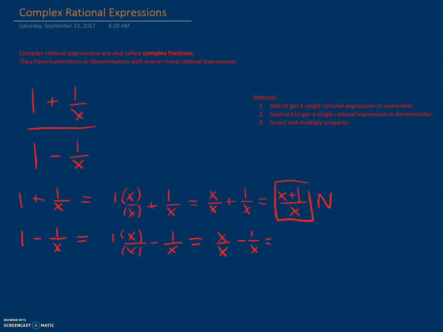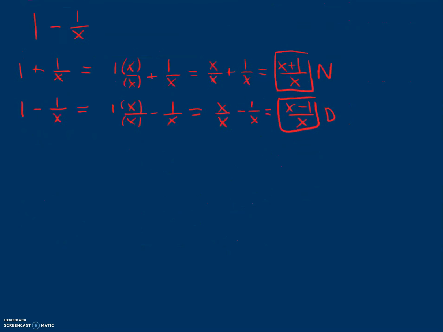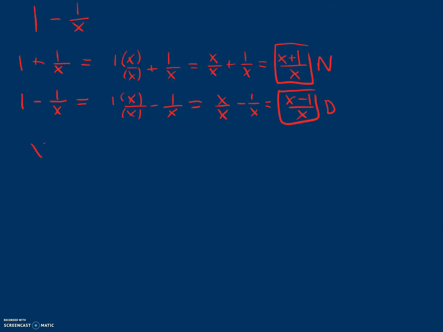Probably don't need to write all that, but I want you to make sure you see where it's all coming from. And we're just going to say that's the denominator. So now we have x plus 1 over x as our numerator, and x minus 1 over x as our denominator.